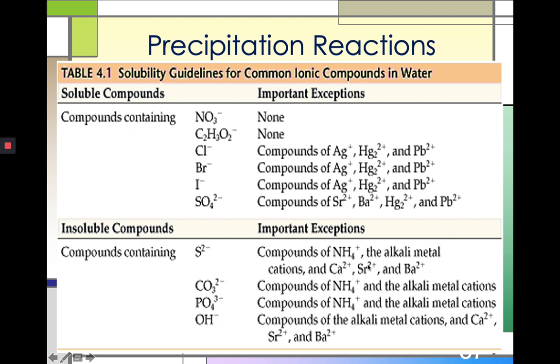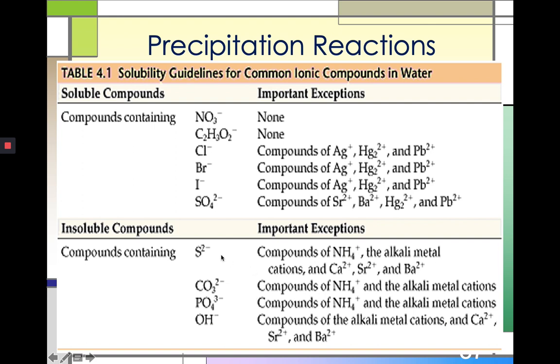Here we can see their important exceptions. Don't worry, this table will be used as your guide. We said a while ago that compounds containing the sulfide ion are insoluble. However, there are a few exceptions: compounds of NH4 plus and the alkali metal cations, and also Ca2 plus. For example, CaS, SrS, BaS are soluble in water.